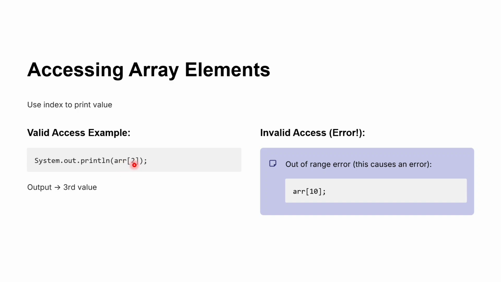So the element at index number 2 will get printed, meaning the third value will be printed. If you mistakenly write an index number greater than what is present, then it will give an error for invalid access. So you should think once before putting the value of the index number, right?